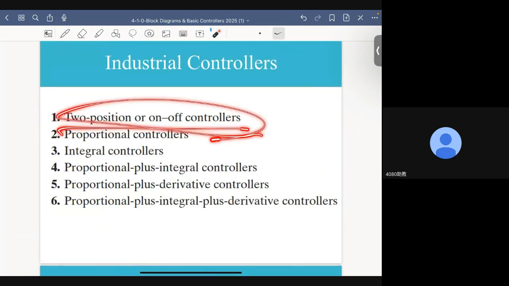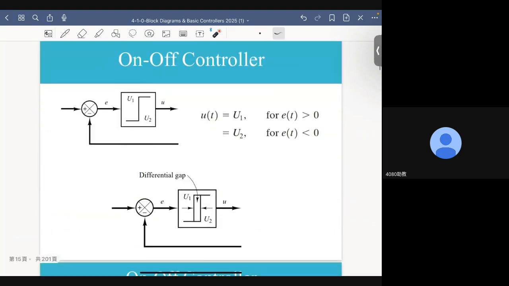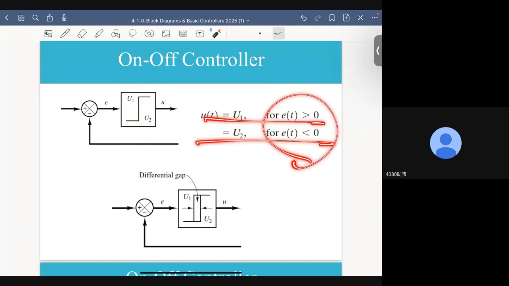All right? Now, let's first study this on-off control, okay? And on-off control looks something like this. The horizontal axis corresponds to its input, and the vertical axis corresponds to its output. So its output really depends on the sign of the error. E is the error, all right?